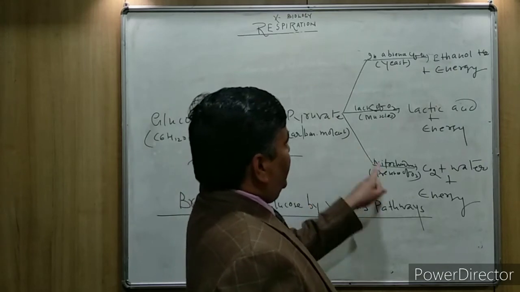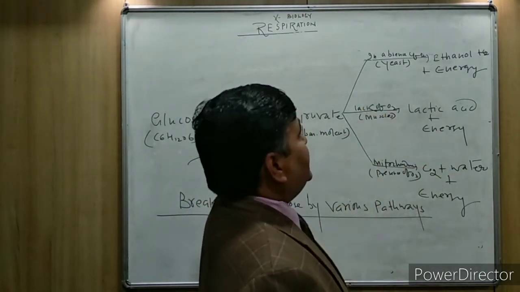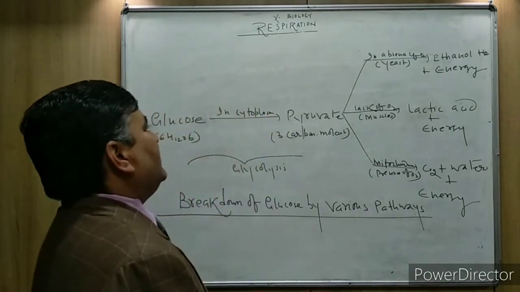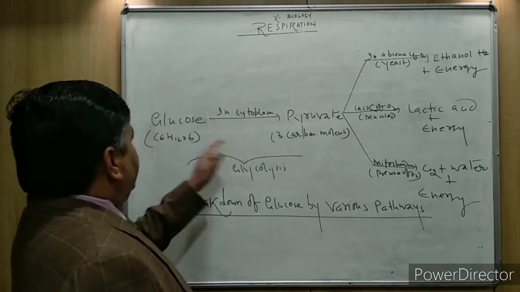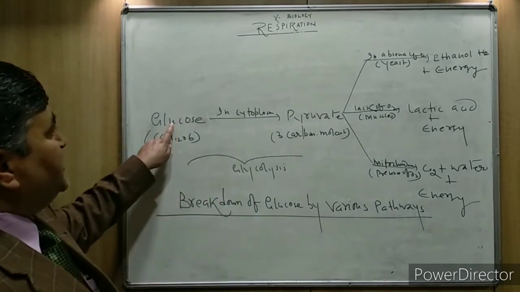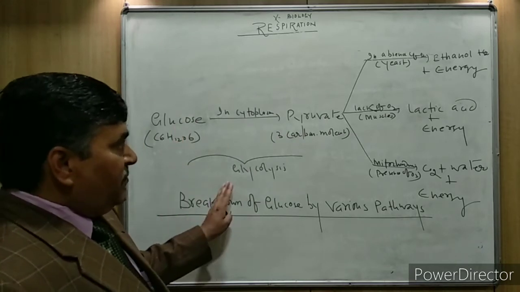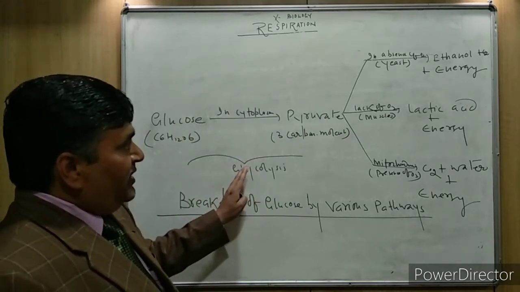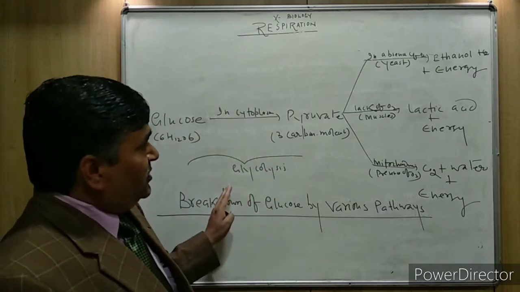This is the complete breaking down of the glucose. So here 3 conditions are there. Once again you can see the first step, the process of the conversion of glucose into the pyruvate. This is the common step, occurs in aerobic as well as in anaerobic conditions both.